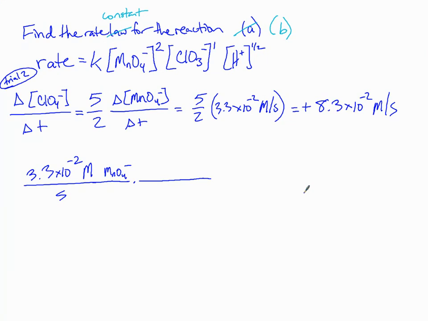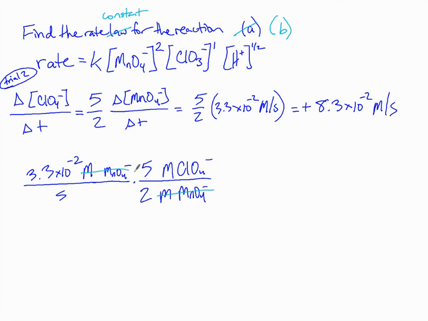And so then we look at the mole ratio. For permanganate, looking at our paper, 2 moles of permanganate for every 5 moles of chlorate. If we wanted to, moles would be the same thing as writing molar. So I'll write molar.